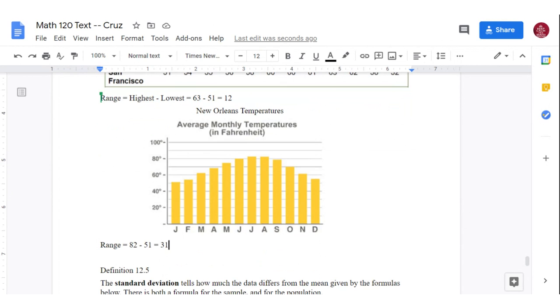Now, as I had said, the reason why this one is not so useful in statistics is just that there's no real standard to it. Well, what is low and what is high? But if we have this other one, which is called a standard deviation, things are a little bit different.